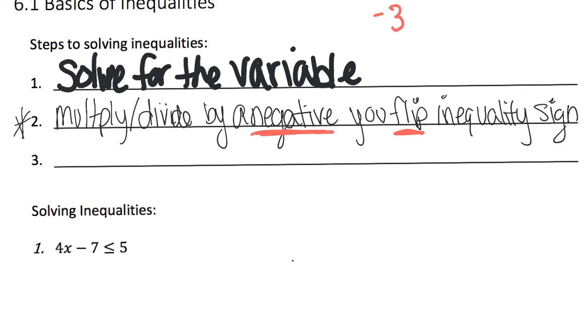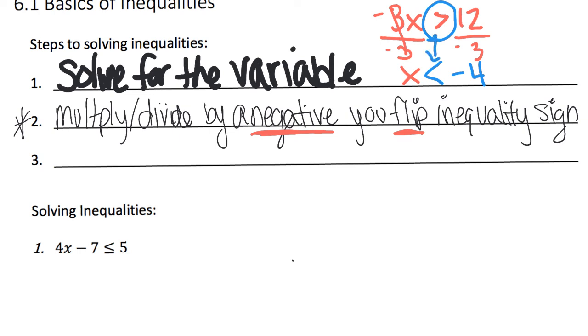So I'm just going to do a quick example just kind of to show you. So I had negative 3x is less than 12, and I divided both sides by negative 3. I would then flip this inequality sign, and now it would be instead of greater than, it'd be less than. Okay, and this would be negative 4.